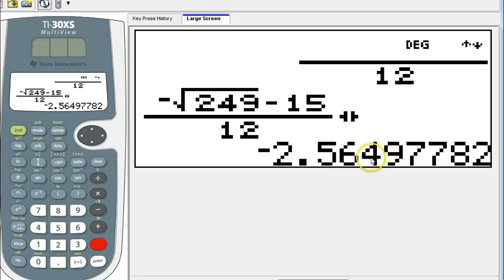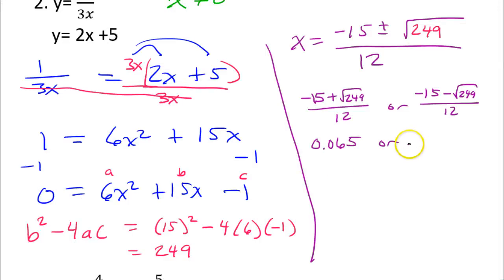Okay, I'm going to round that up right there, so negative 2.565. Okay, so these are my x values.